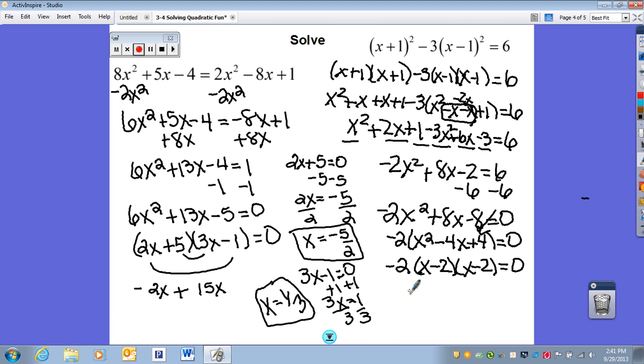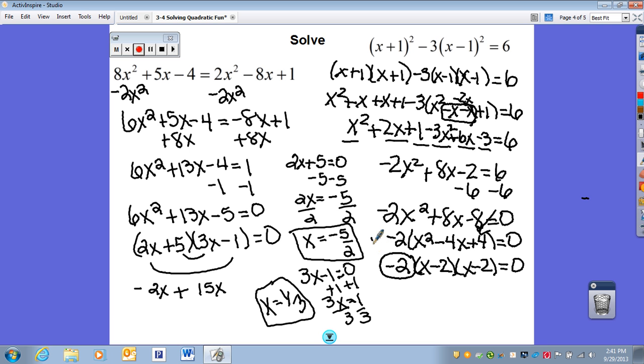Since these factors are the same, we can set one of them equal to 0. And then your question might be, well, what about this leading coefficient? Well, when we're solving, you could divide both sides by negative 2, and when we do, the result is still that this is equal to 0, because 0 divided by negative 2 is 0.